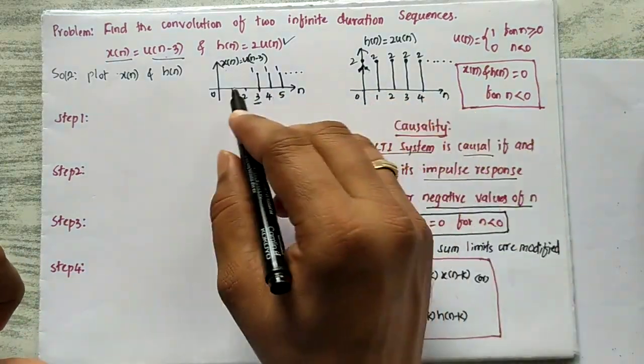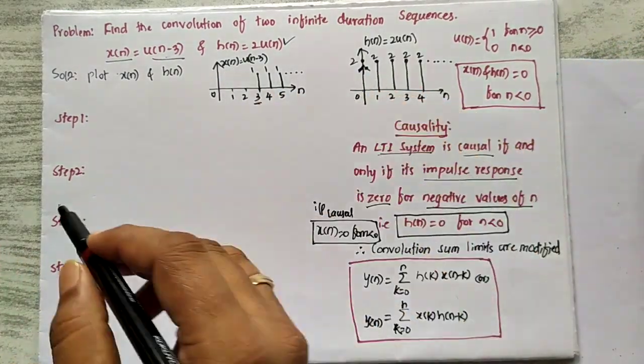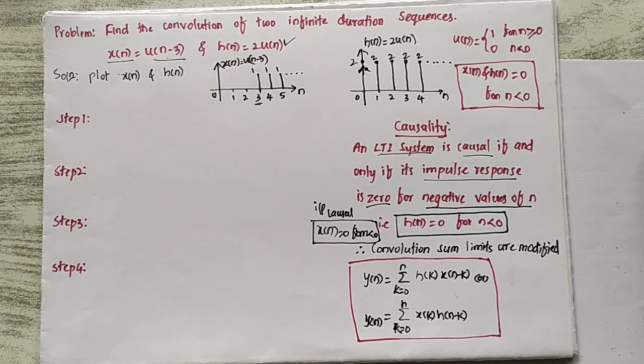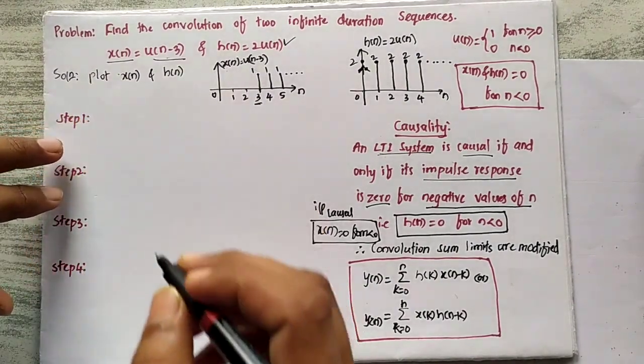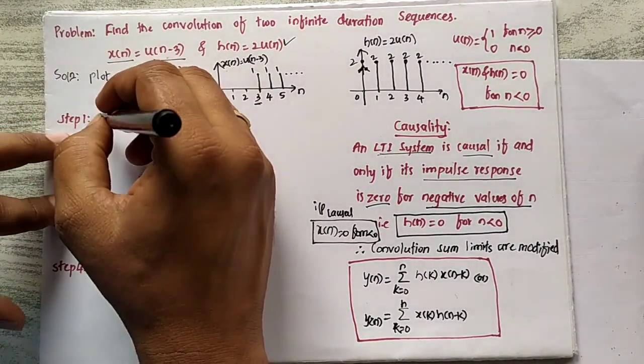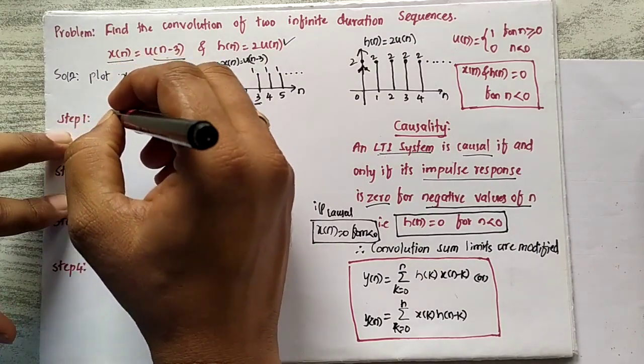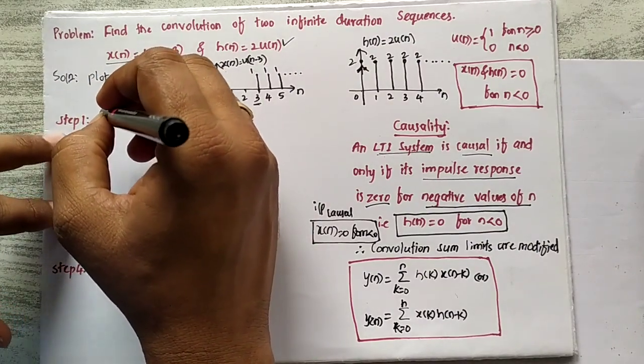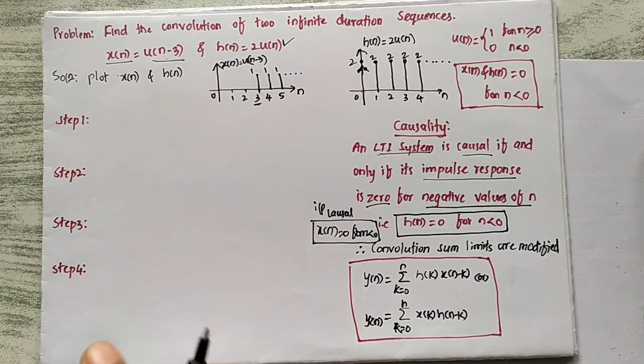So now we have both the x of n and h of n. We will do the convolution sum. Okay, so what is the step 1 for us? Whatever the x of n and h of n are, that has to be changed to x of k and h of k.